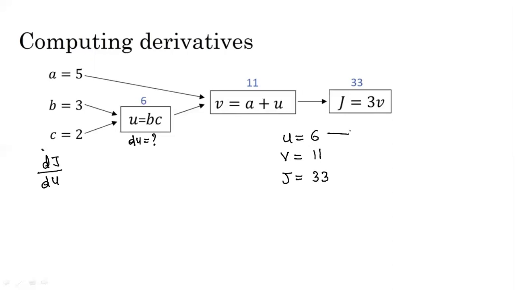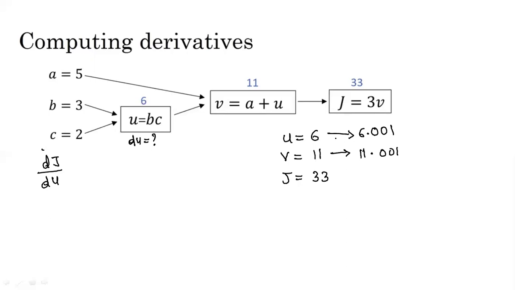Now if you bring about a very little change in the value of u by 0.001, it will become 6.001. And if you bring this much change in the value of u, the value of v will now become 11.001. Why?